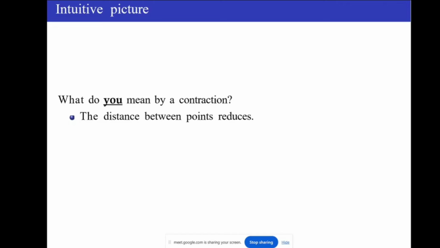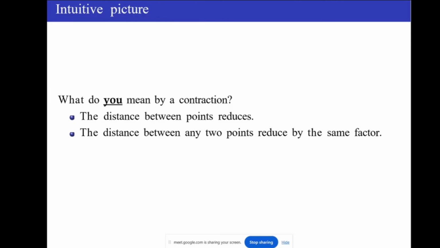So suppose that square, you are cutting it in half, the left half shrinks to half of its size and the right hand side shrinks to 3 by 4th of its size. Now we actually don't have a square in front of us, right? And this does not go well with what we have in our mind. So the distance between the points decreases, and of course there is a uniformity, and mathematically we say that the distance between any two points reduces by the same factor. So this is what we have generally in our mind when we say contraction.